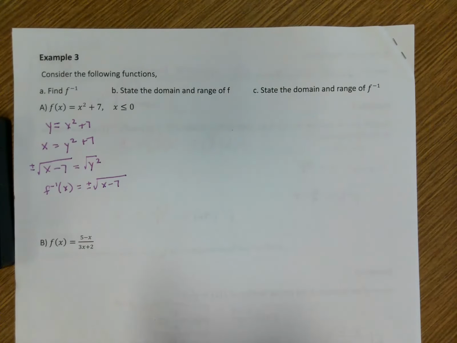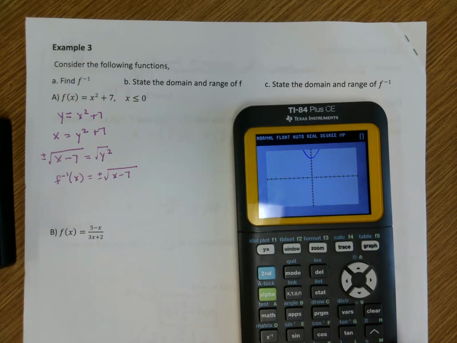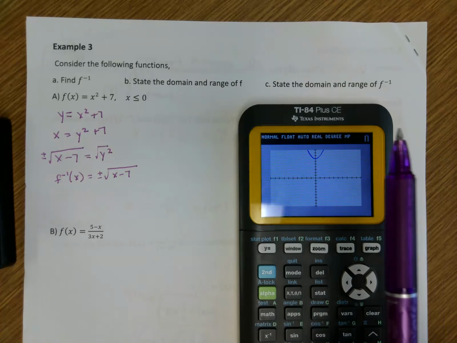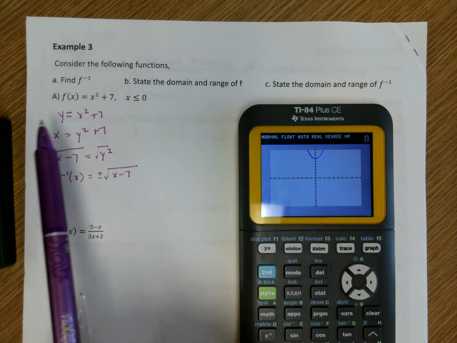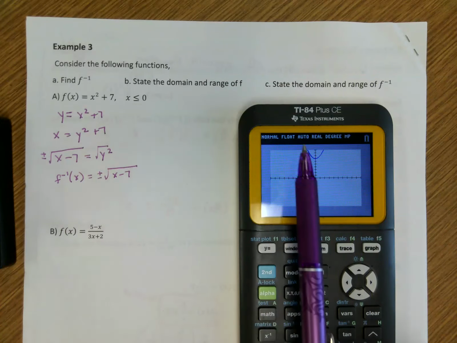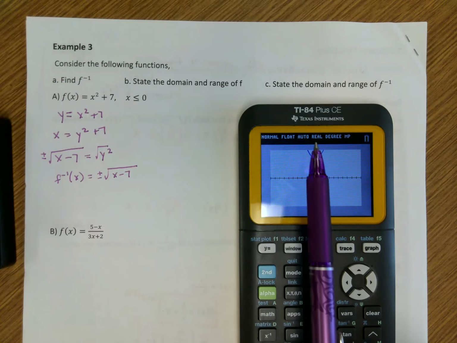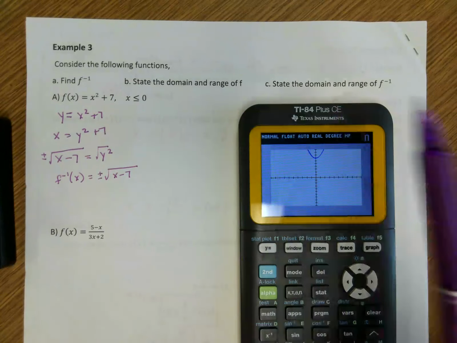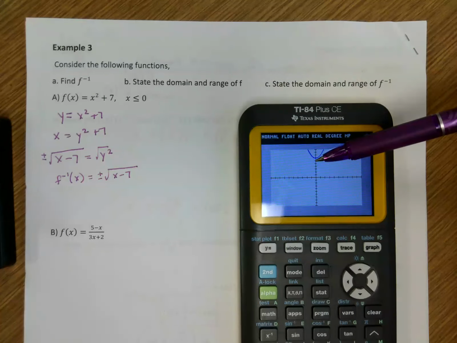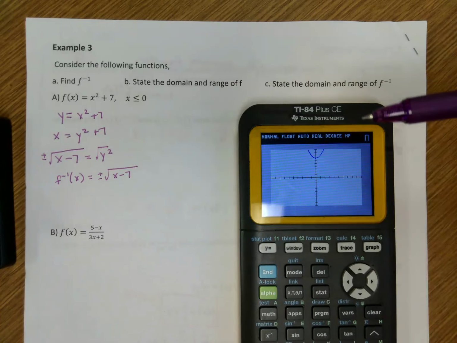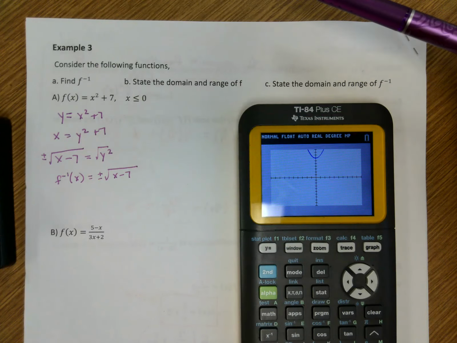However, let's get into the domain of f. When I just graphed this, this is the graph right here. It's saying in this domain that x is less than or equal to 0, so everything over here. When I'm looking at my domain and range of f, it looks like I start at 7, because if I plug 0 into that equation, I get 7 out, and it's going up forever.